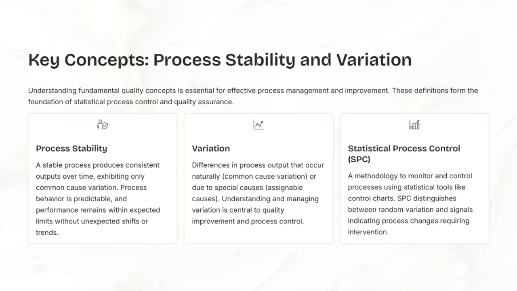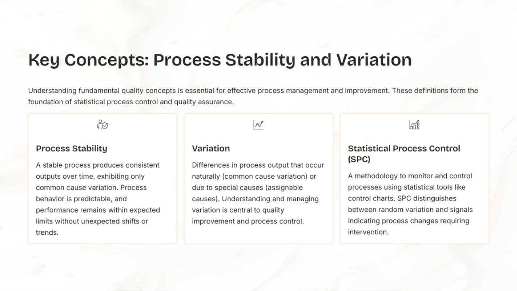Now, when we talk about variation, it's important to recognize that some variation is always present. If a process is stable, it produces consistent outputs over time, with only common cause variation, those small, natural fluctuations. When a process is stable, its behavior is predictable, and performance stays within expected limits without any unexpected shifts or trends. This leads us to the concept of process stability.